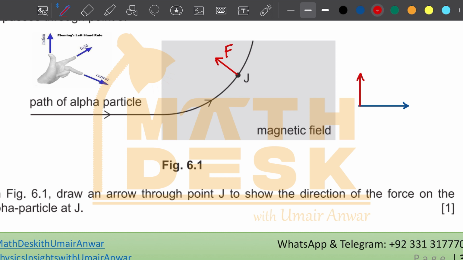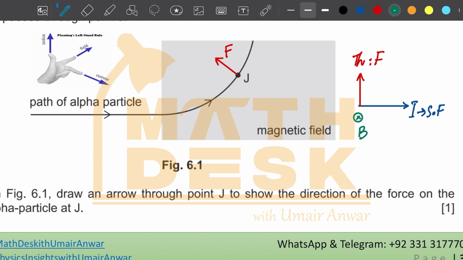So we would align the second finger with the current's direction, and the thumb is going to give us the direction of the force here. The first finger points out the direction of the magnetic field, and it would be into the page.